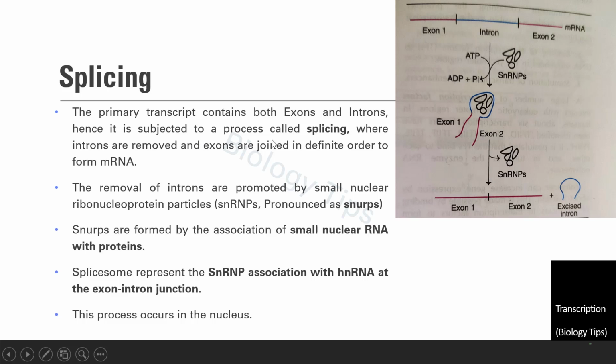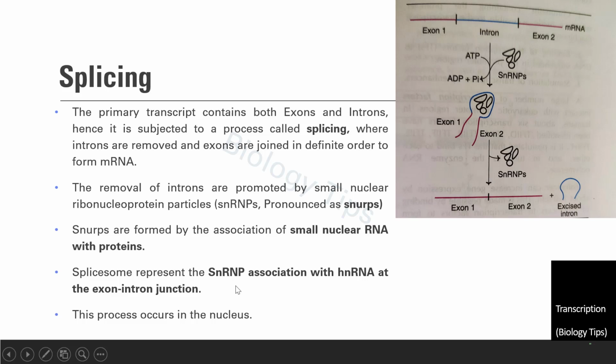The primary transcript contains both exons and introns. Hence, it is subjected to a process called splicing, where introns are removed and exons are joined in a definite order to form mRNA. The removal of introns is promoted by small nuclear ribonucleoprotein particles, snRNPs, pronounced as snurps. SnRNPs are formed by the association of small nuclear RNA with proteins.